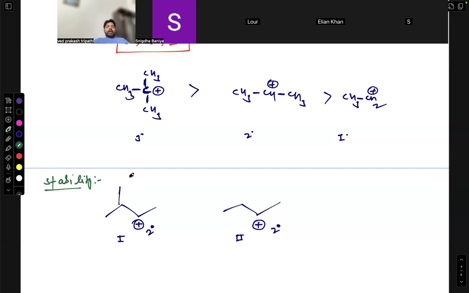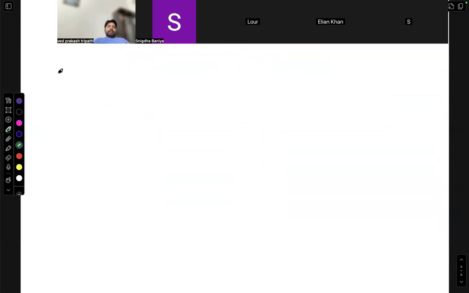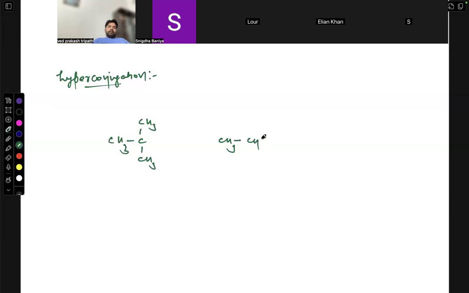Let me tell you the reasoning behind this. Look at here. There is an effect called hyperconjugation. Let me tell you why tertiary is more stable than secondary, and secondary more than primary. And there is one more, the methyl carbocation. 1, 2, 3, 4.